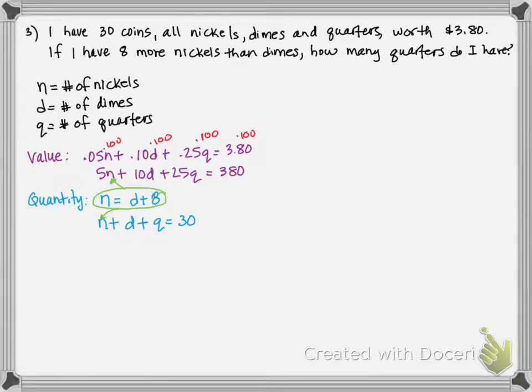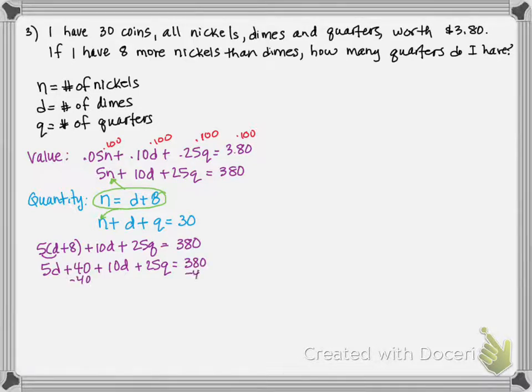For value, I've got 5 times the quantity d plus 8, plus 10d plus 25q equals 380. When I distribute, I get 5d plus 40 plus 10d plus 25q equals 380. Now I'm going to simplify and get 15d plus 25q equals 340.